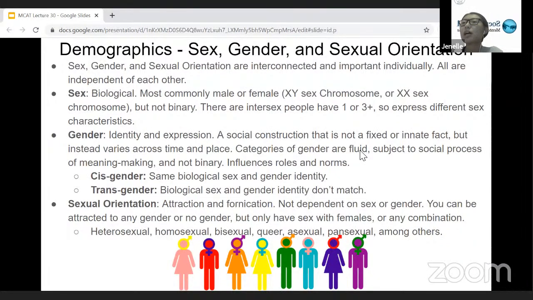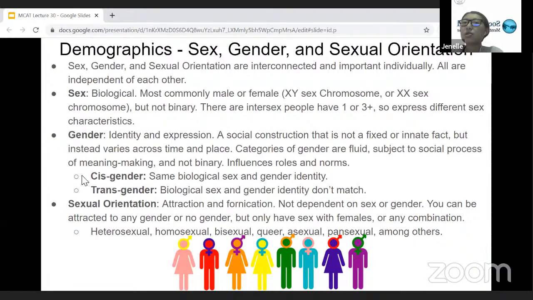So the categories of gender are fluid, and it's also subject to social processes of meaning making, and it's also not binary. Gender tends to also influence roles and norms, which can lead to stereotypes, prejudice, those kinds of behavioral terms as mentioned before with race and ethnicity.